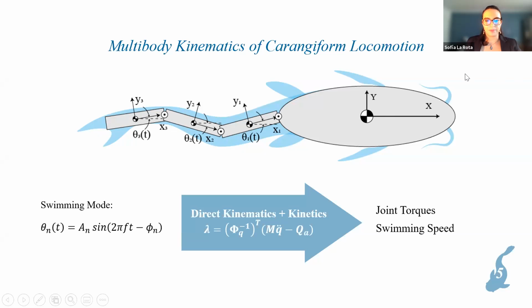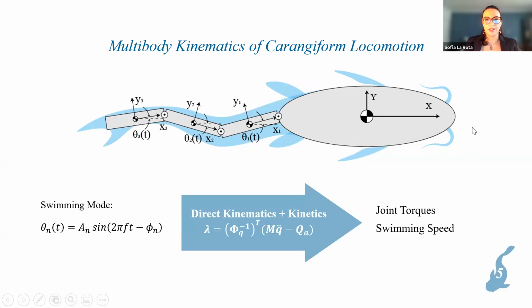Using the principles of D'Alembert and Lagrange multipliers, we hope to analyze and retrieve the joint torques and swimming speeds for a certain swimming configuration of, in this case, 3 plates.